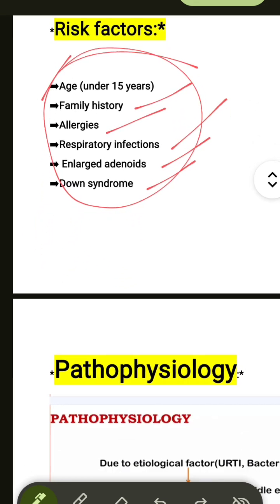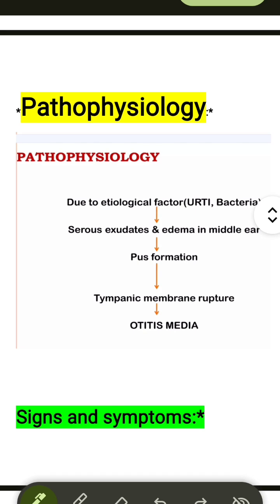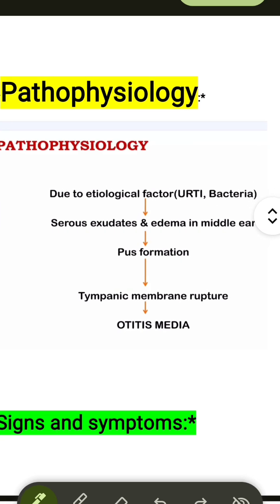Next we'll discuss the pathophysiology. Due to the etiological factor, which may be viruses or bacteria, serous exudate and edema occur in the middle ear, so swelling will be there in the middle ear.